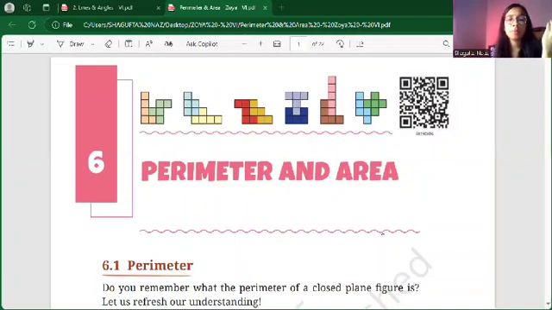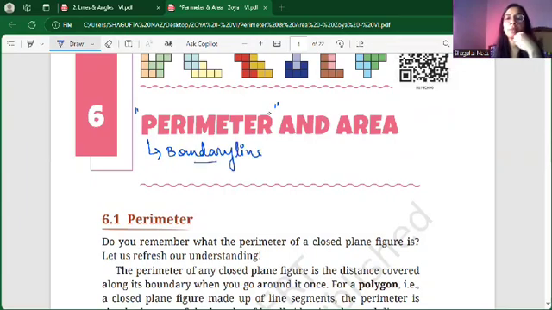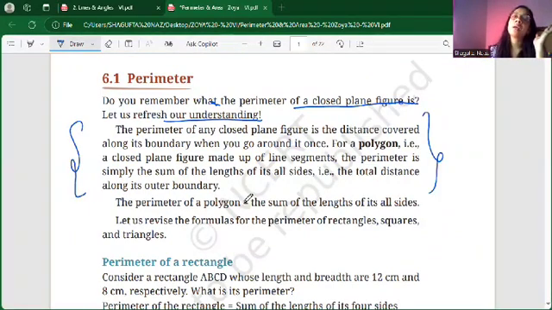So what is perimeter? First of all, we will talk about perimeter. As we have discussed, perimeter talks about the boundary line of anything. Do you remember what the perimeter of a closed plane figure is? Let us refresh our understanding of the concepts we learned in perimeter in previous classes.